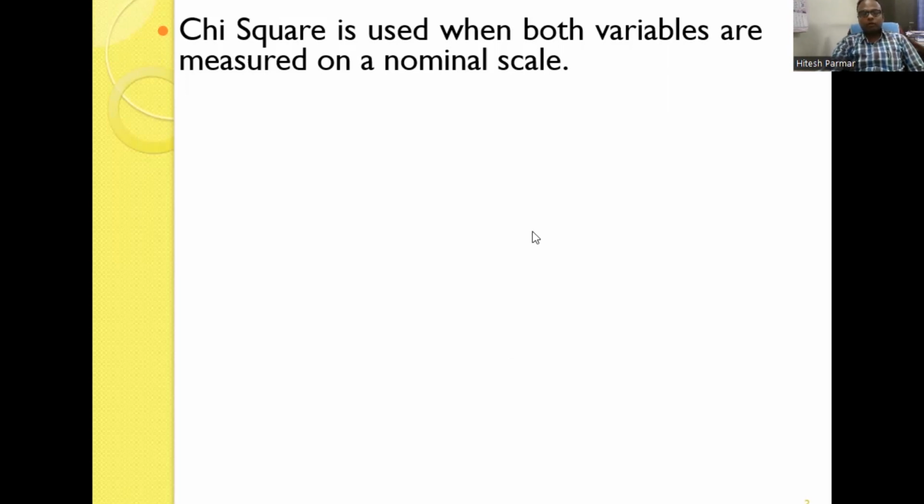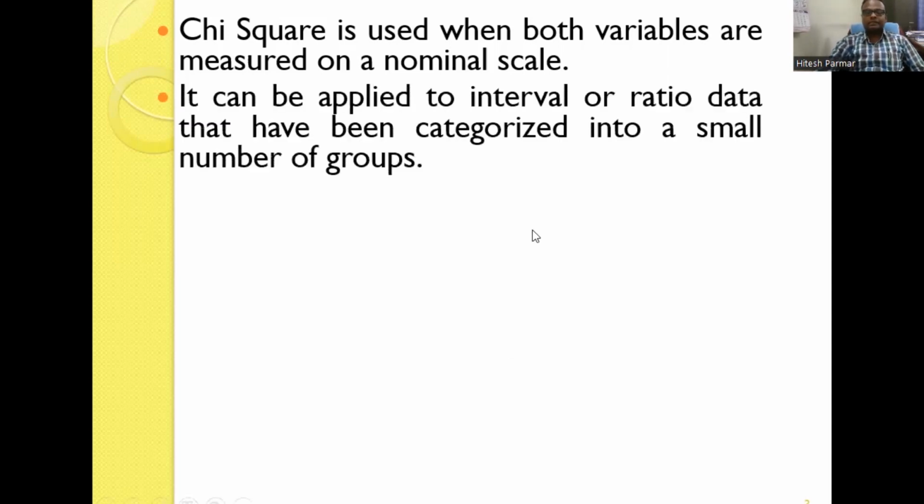Similarly, we can also apply a chi-square test for interval and ratio data. But we need to convert this interval or ratio data into some small number of categories or groups.